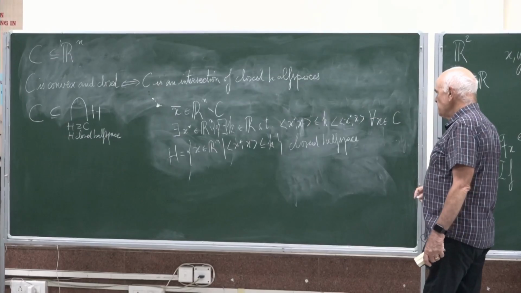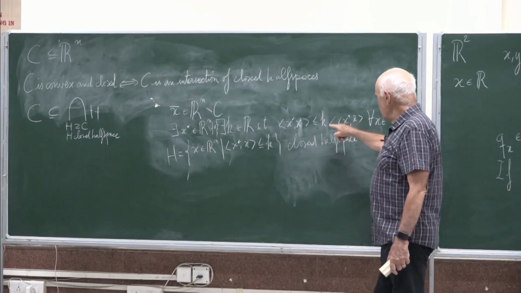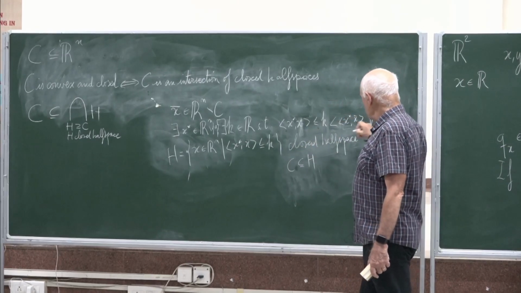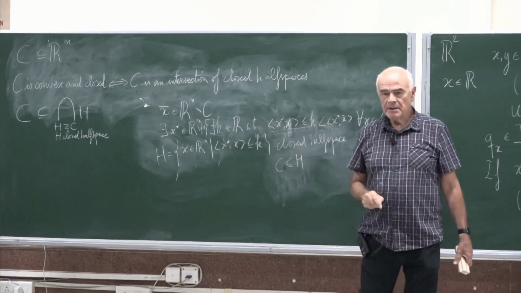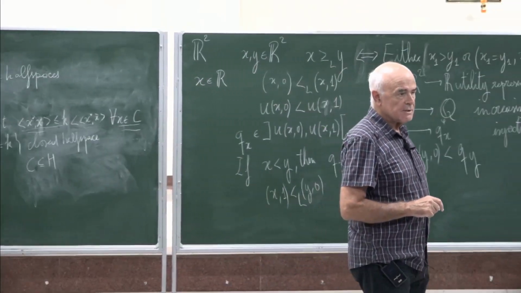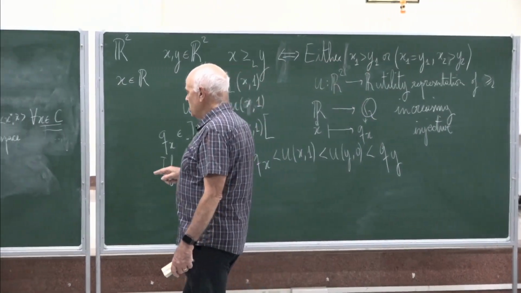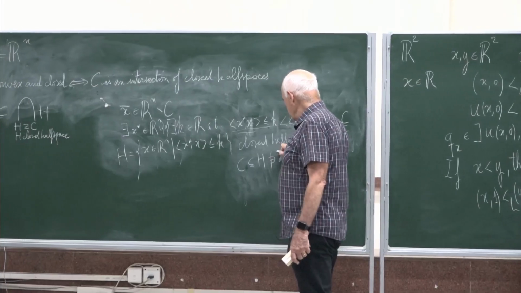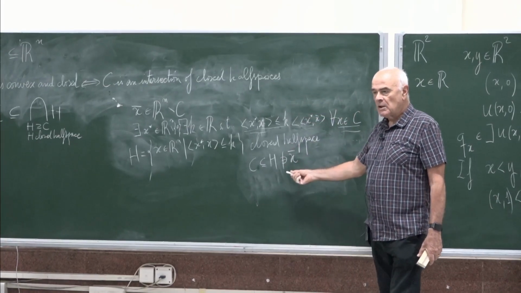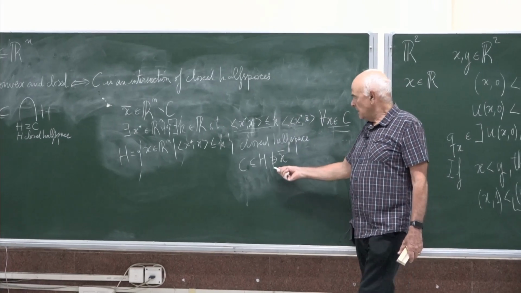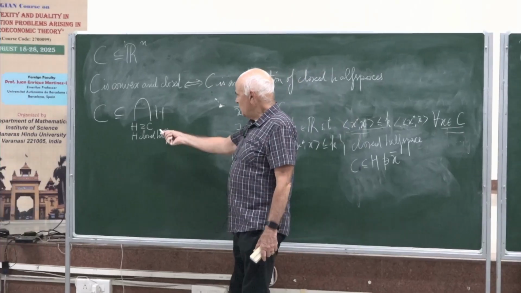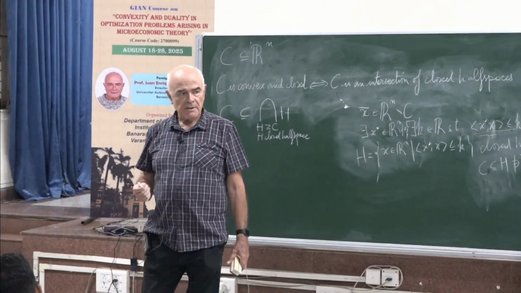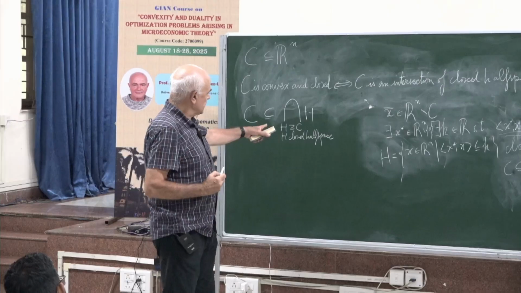It is a closed half space. And what we are saying here is that C is contained in H because every element in C satisfies the inequality that defines H. But x bar doesn't belong to H. So we have found a closed half space that contains C, so it is in this family, but does not contain x bar. So x bar is not in this intersection.